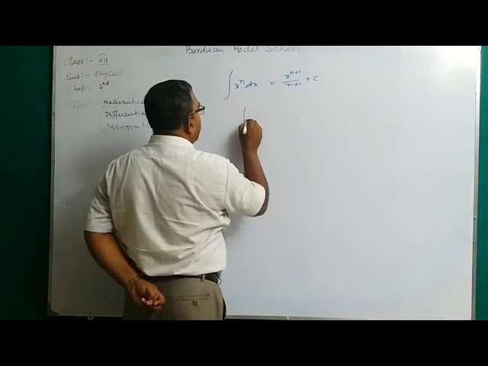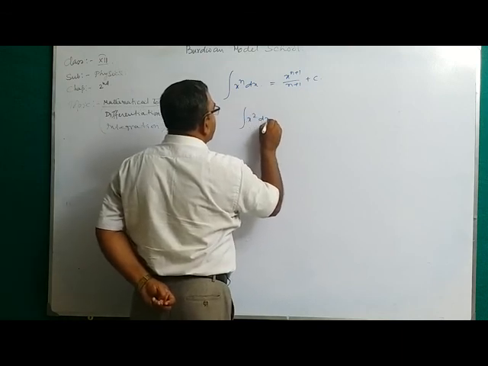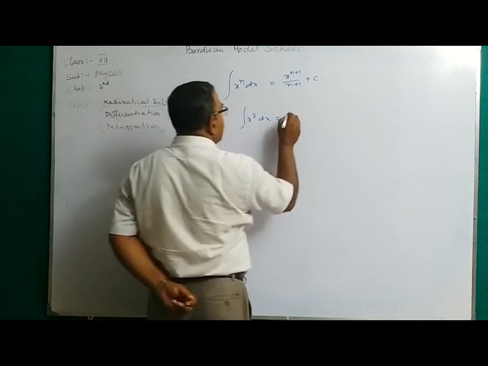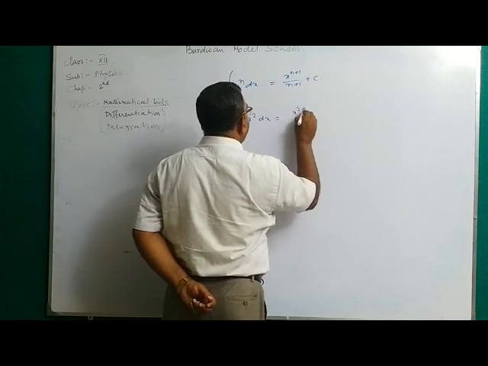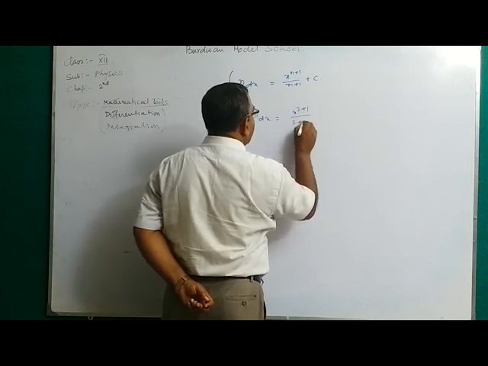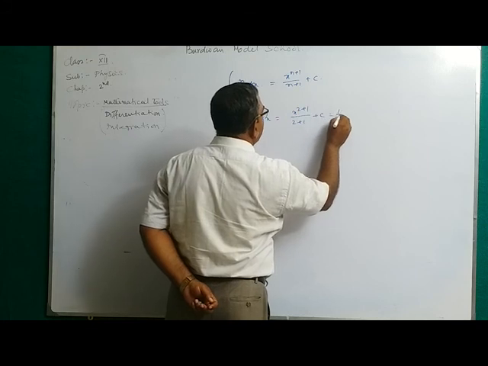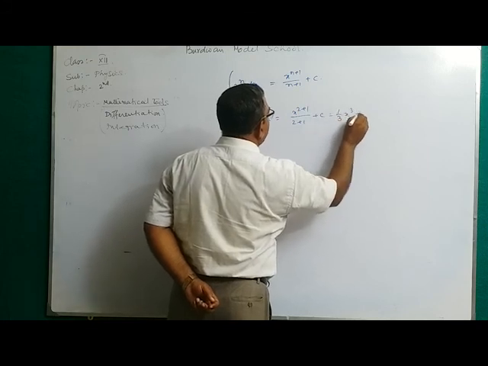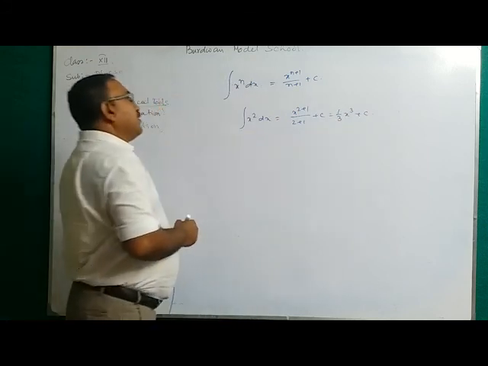Suppose you consider integral of x square dx. What will be its value? x to the power 2 plus 1 by 2 plus 1 plus c, that is equal to 1/3 x cube plus c. Okay?